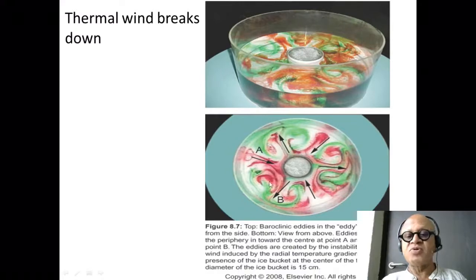So this was the beautiful baroclinic eddy in the lab. We still had ice water in the middle and warmer water outside, so we had the pole and the equator, a nice thermal gradient just like we have on Earth. We increased f, the rotation rate, and that's equivalent to going from the equator towards higher latitudes on Earth.